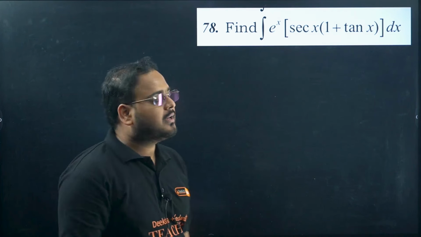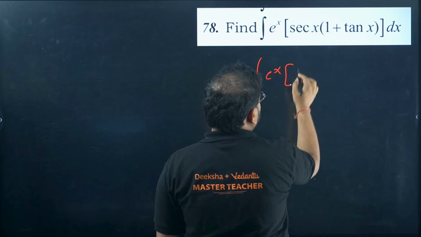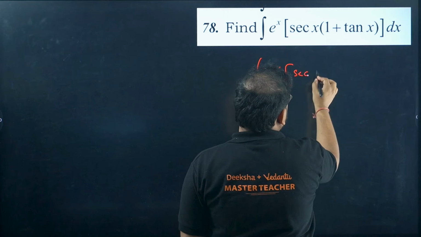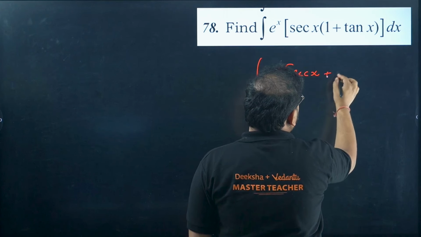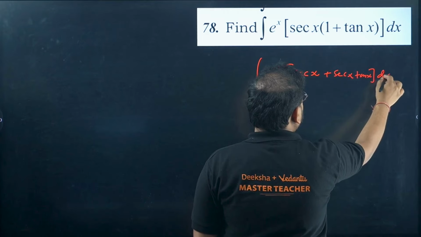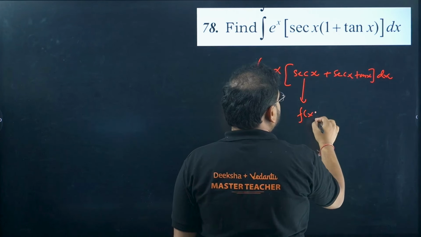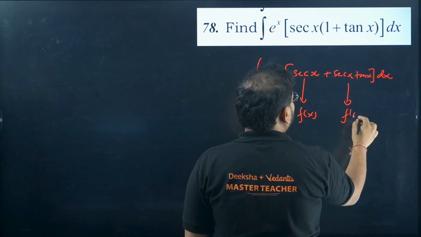Find this. What is this question? Same form, again 2 marks. We have e power x over here, expand it. Sec x will be as it is sec x. Over here we'll have sec x and tan x dx. I hope you can remember this form. This is your f of x, and this right here is your f dash of x.